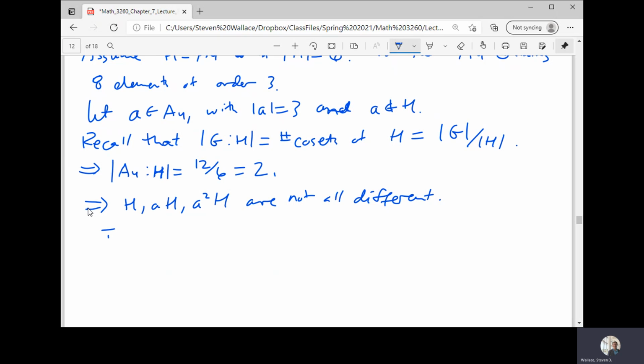So if H is equal to AH, that implies that A is in H, which we know is a contradiction.